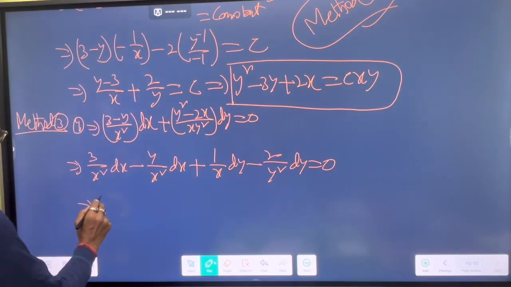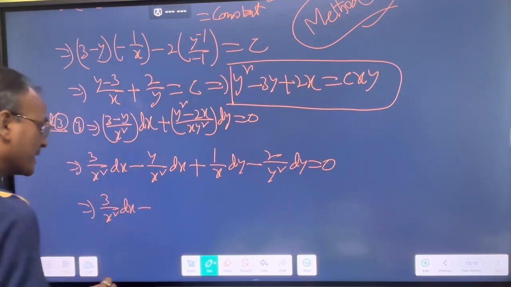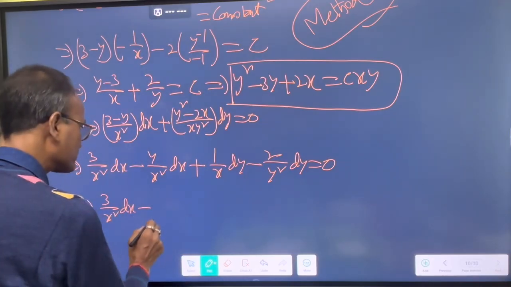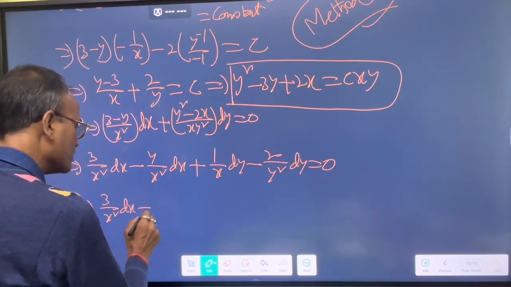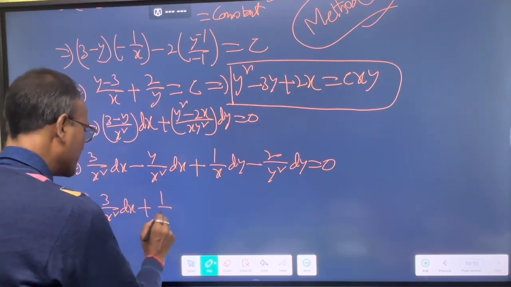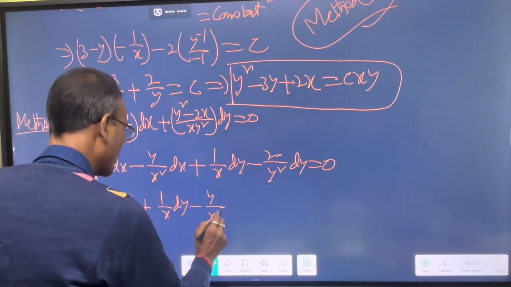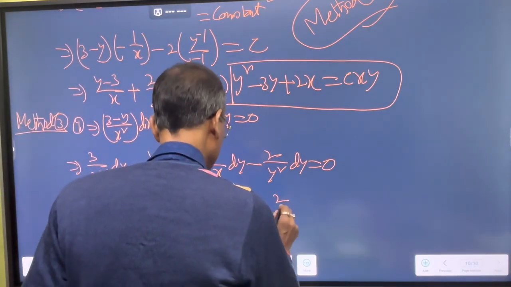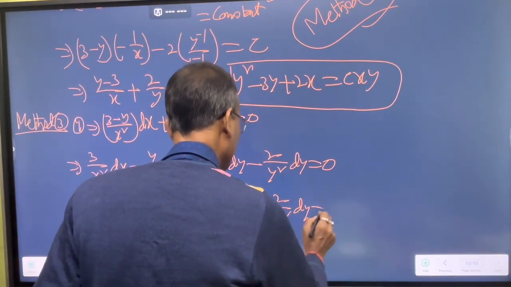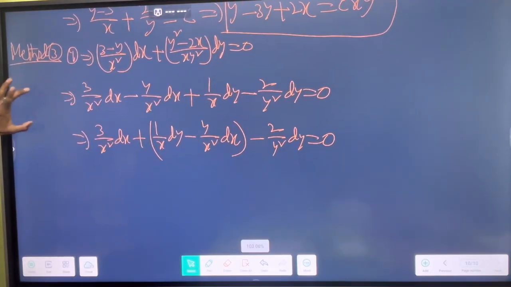Now 3 by x square dx minus, or write 1 by x dy minus y by x square dx. Write like this. Minus 2 by y square dy equal to 0.